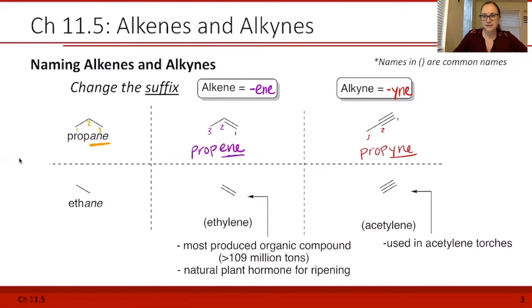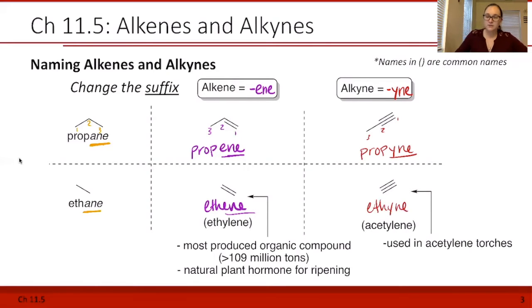Okay, so let's do another example real quick. We have ethane with our first molecule here. Then we have ethene when we have it as a double bond, and then ethyne as the triple bond.